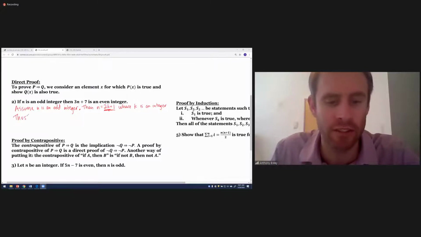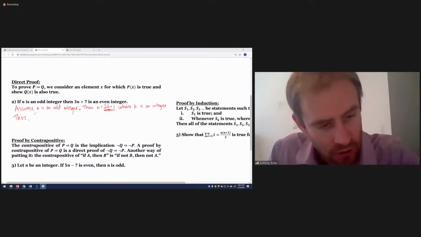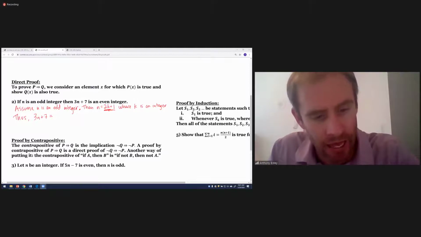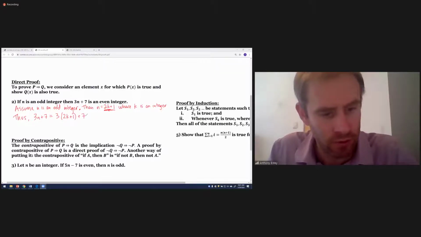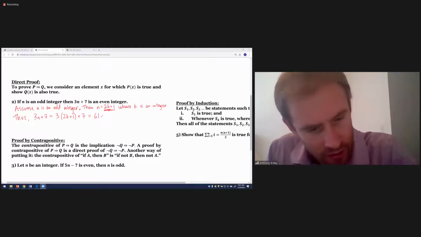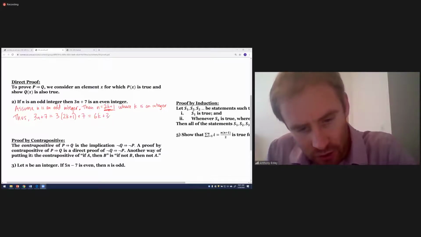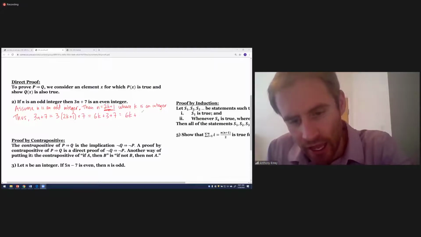Now, if we substitute this k value for n into the expression above, so we had 3n plus 7, we can now write that as 3 times (2k plus 1) plus 7. If we multiply this out, we've now got 6k plus 3 plus 7, which is 6k plus 10.